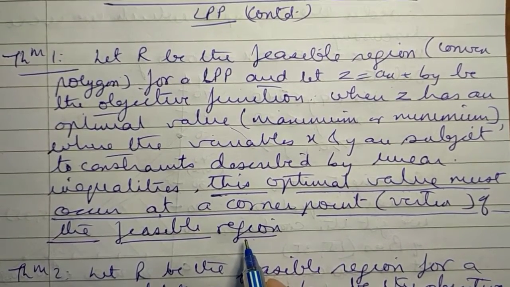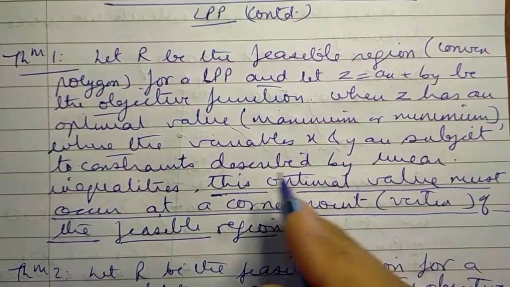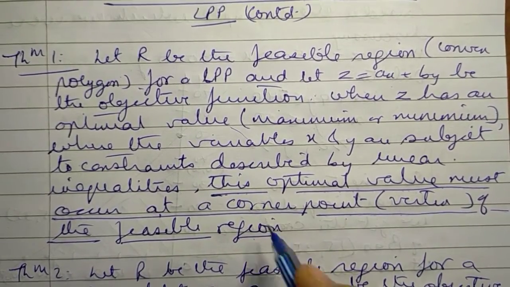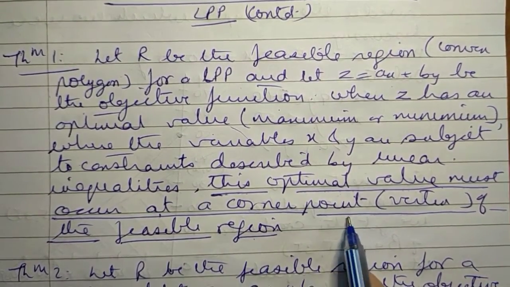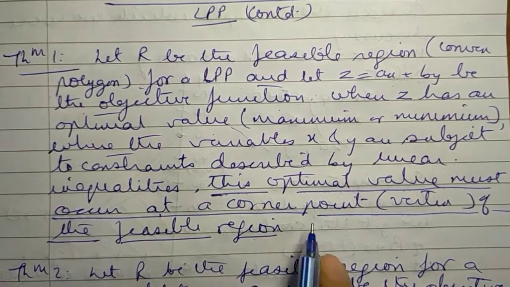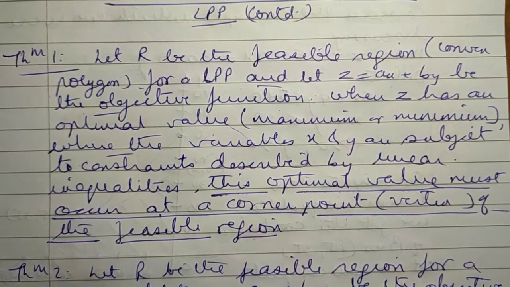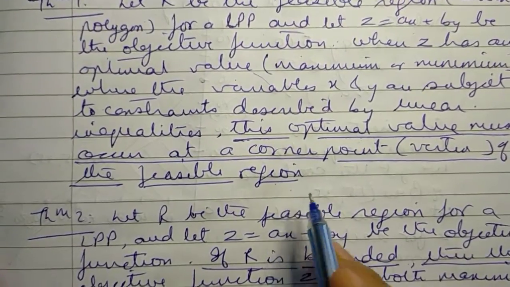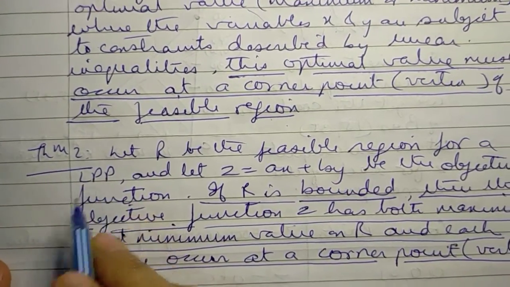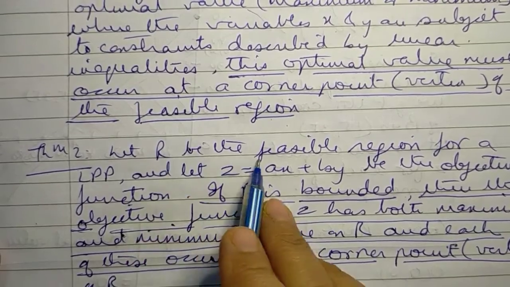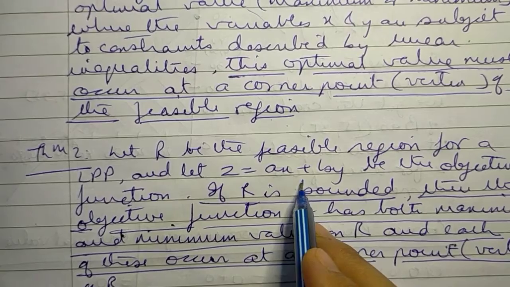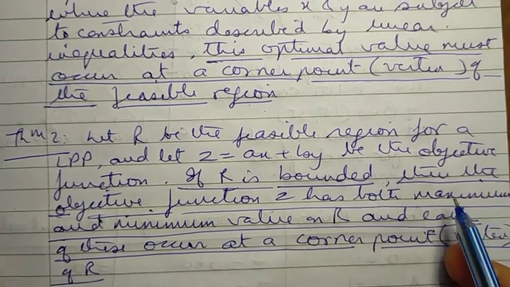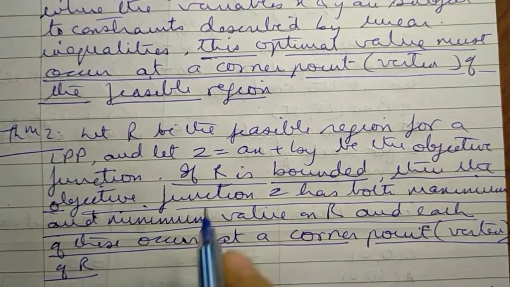It's a very important result which tells us that amongst all the infinite points on the feasible region, the optimal value, whether it is maximum or minimum, occurs at a corner point, which is a vertex of the feasible region. Theorem 2 is similar and it says that let R be a feasible region for the LPP and let Z = AX + BY be the objective function.